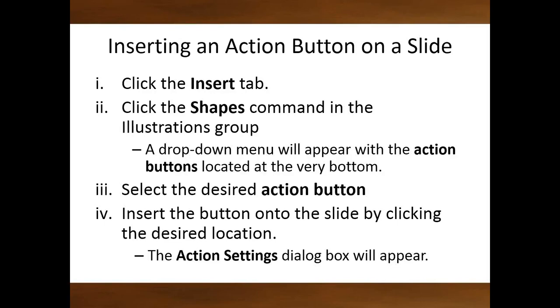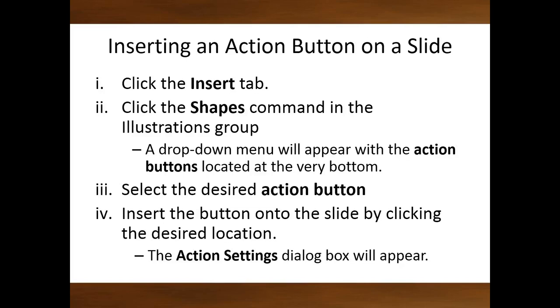Step 1. Click the Insert tab. 2. Click the Shapes command in the Illustrations group. And once you do that, a drop-down menu will appear with the action buttons located at the very bottom.